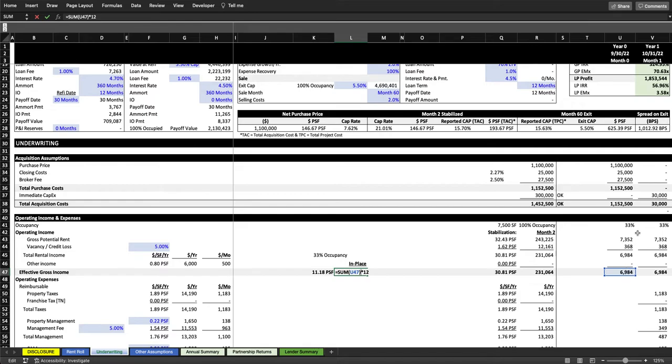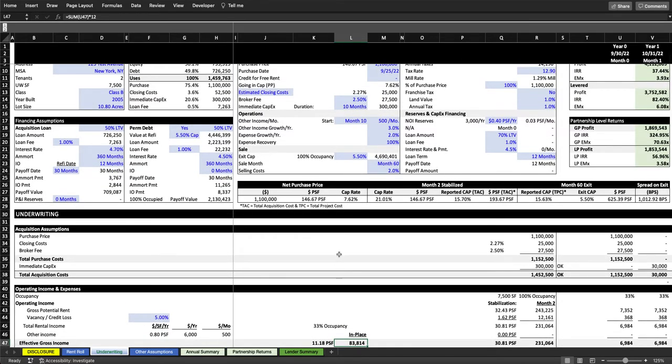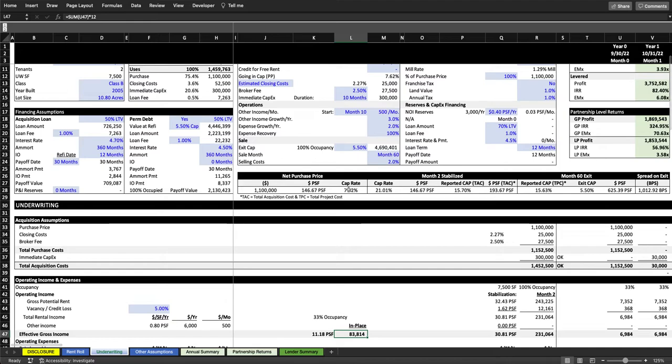So we said there's 33% of leases currently in place, generating almost $7,000 in revenue per month. $7,000 times 12 is going to give you that $83,000 annualized effective gross income, divided by the purchase price.